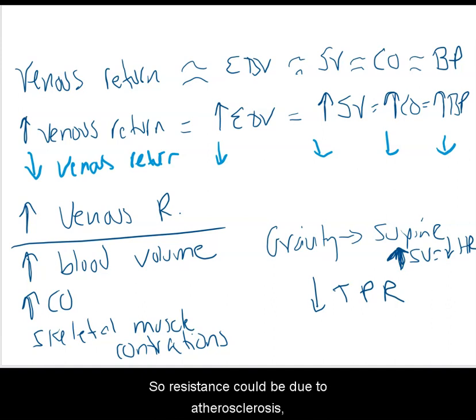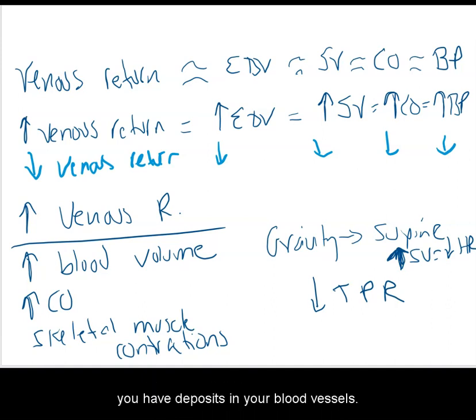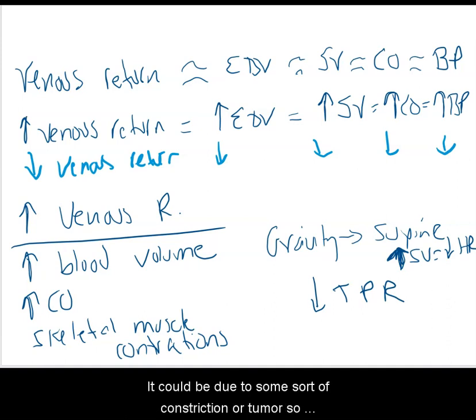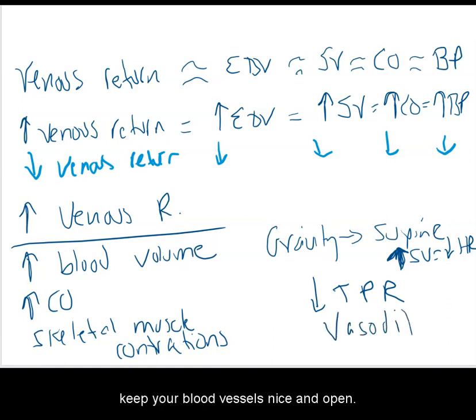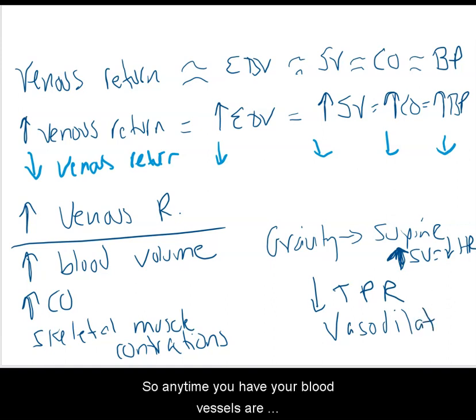So resistance could be due to atherosclerosis, right? You have deposits in your blood vessels. It could be due to some sort of constriction or tumor. So things that lower resistance are going to be things that keep your blood vessels nice and open. So anytime your blood vessels are vasodilated, you have a very low resistance and you have your greatest venous return.